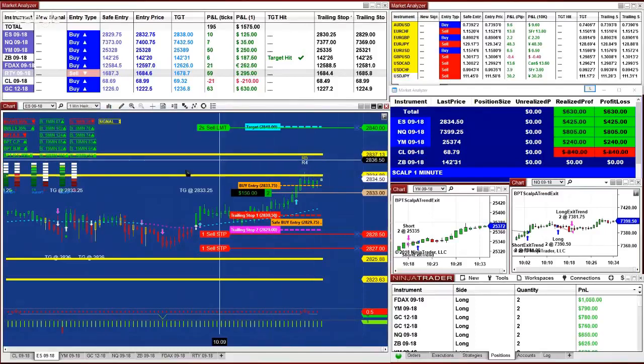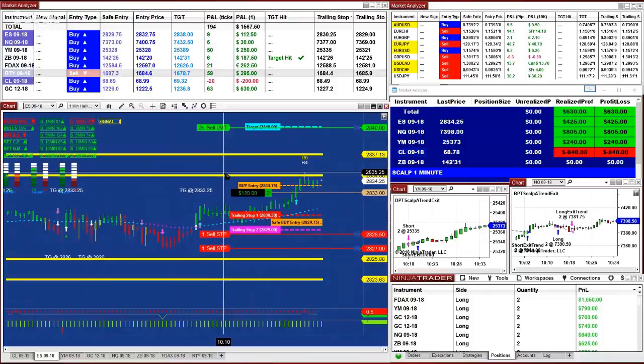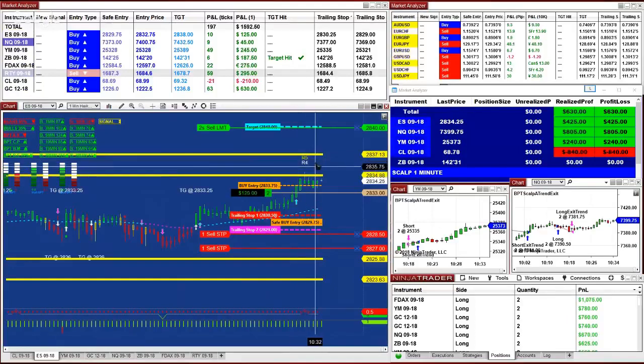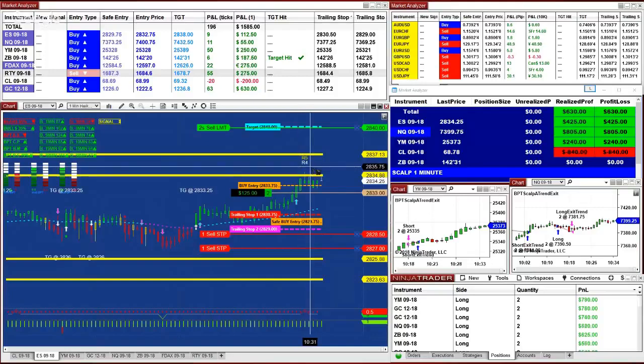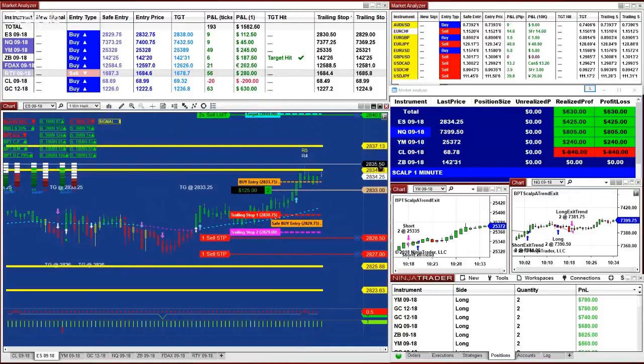What are those two yellow lines we have here? Once this market starts diving in between those two yellow lines, that means if you are not in that trade, you cannot take long anymore, because the risk on that trade is going to be very, very high, the risk reward on it.